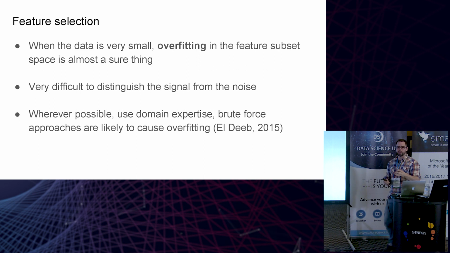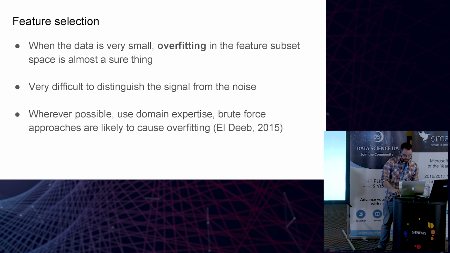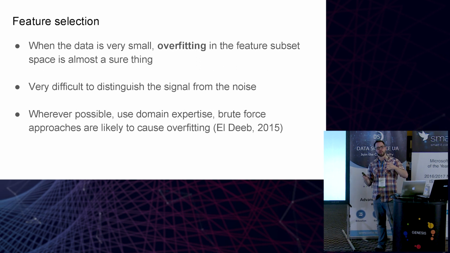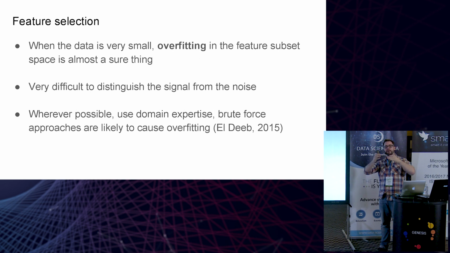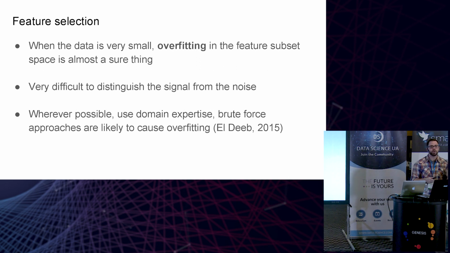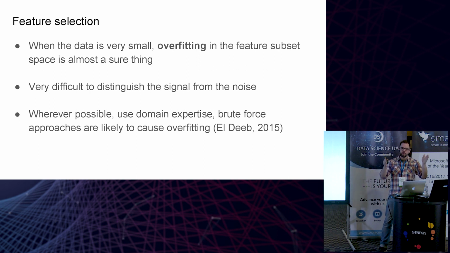If you try too hard with very data-driven approaches of feature selection, like wrappers, you will find some features, especially if your feature space is very big, that are very correlated to what you're trying to predict, but that doesn't mean they will predict well on new data. So you will be overfitting, not only on the training set, but even on your validation set, because you have so little data.